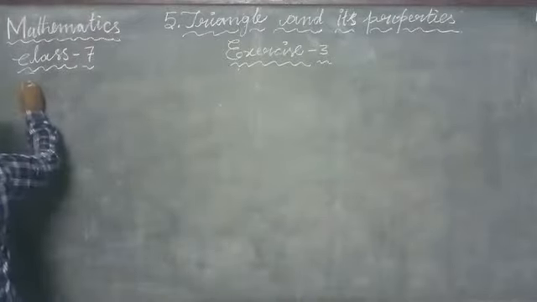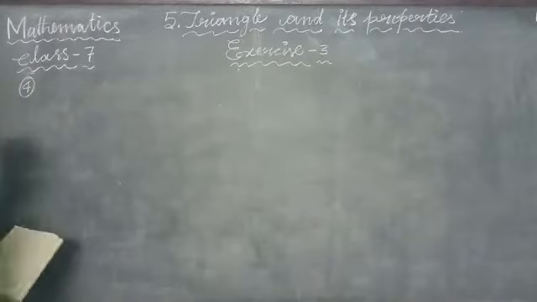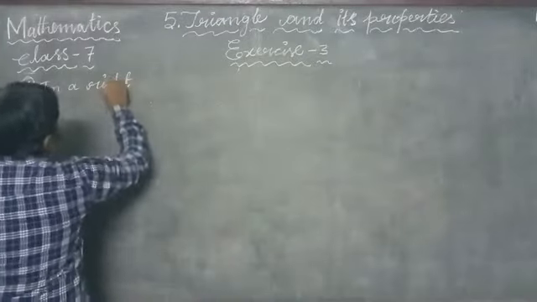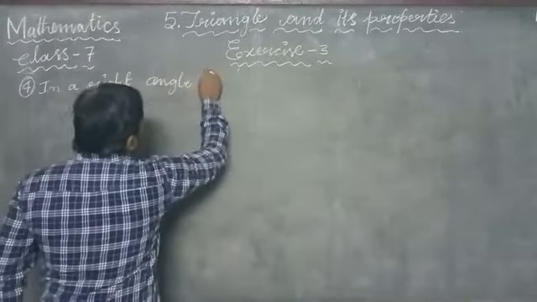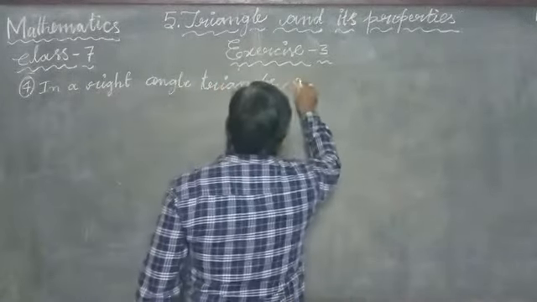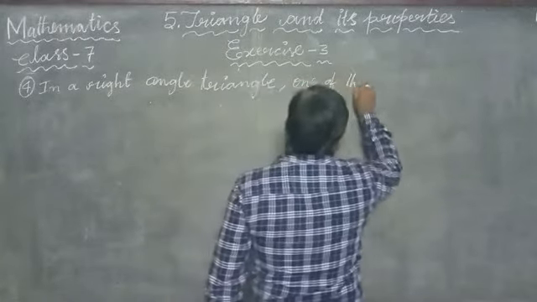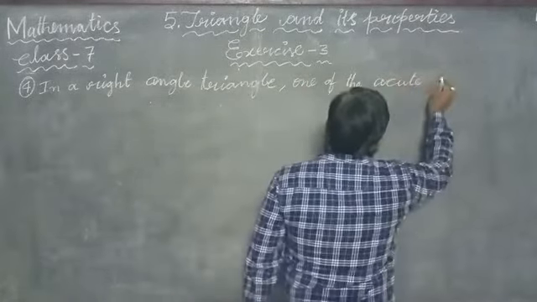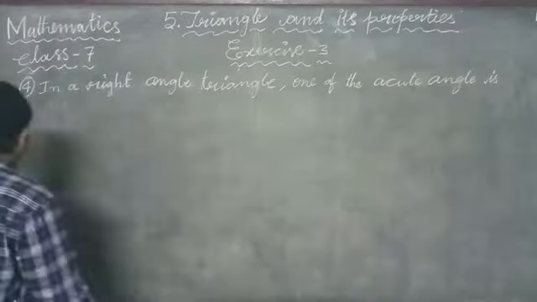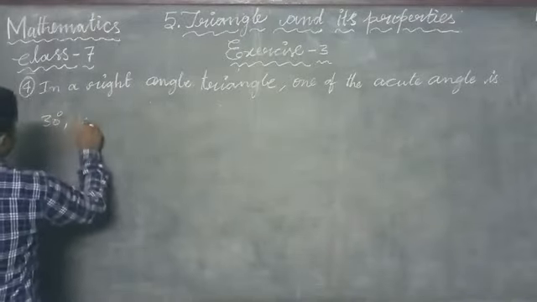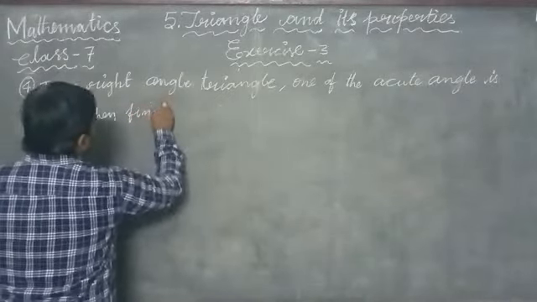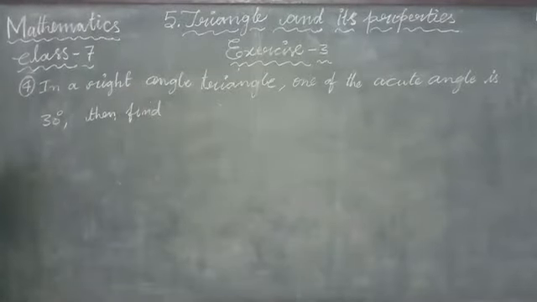The fourth problem is: in a right angle triangle, one of the acute angles is 30 degrees, then find the other acute angle.